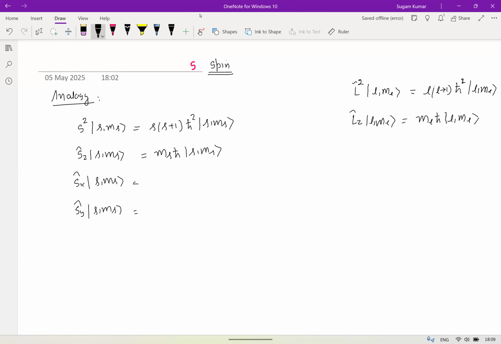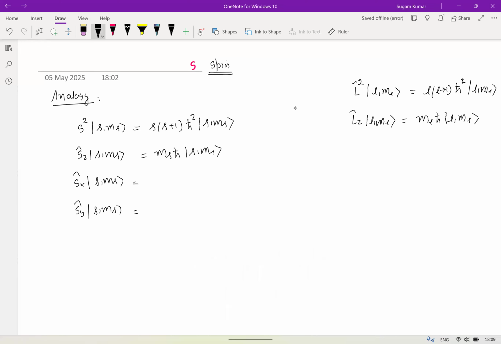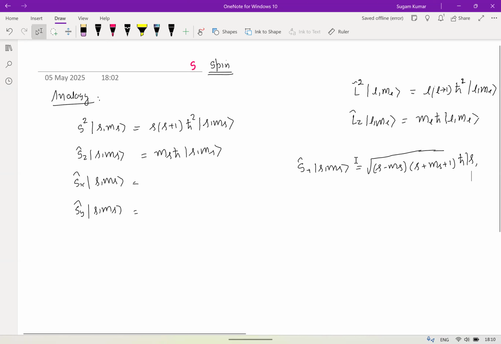In general, we take help of the ladder operators. So ladder operators like S plus, you know that when S plus operates on this, then, I mean, this kind of algebra you can look back in your textbooks, where it will be available easily, and I hope it is not a problem.